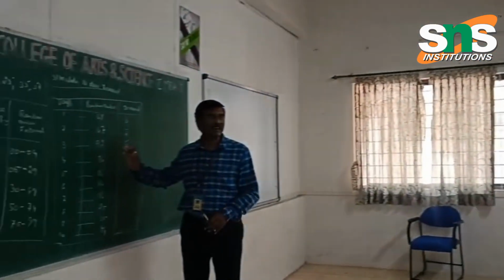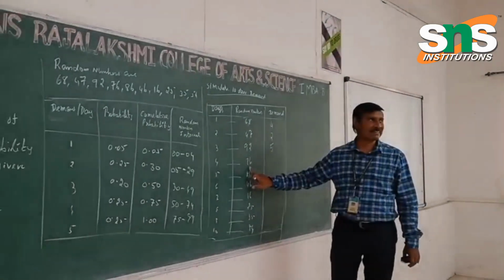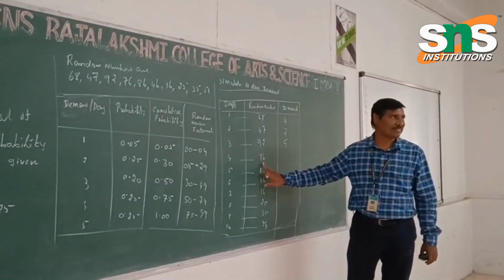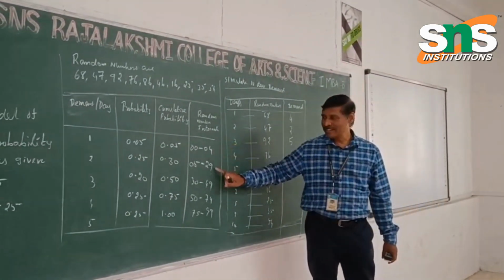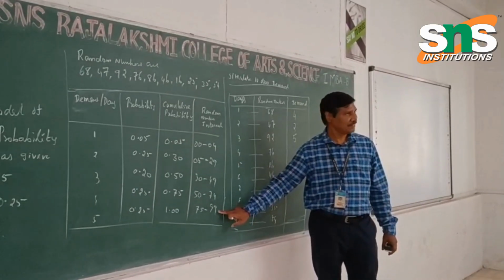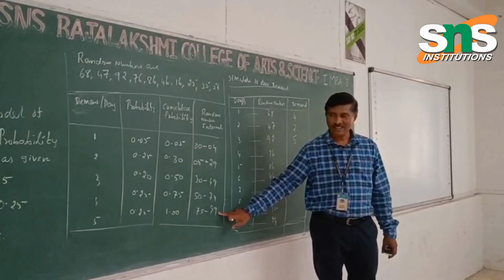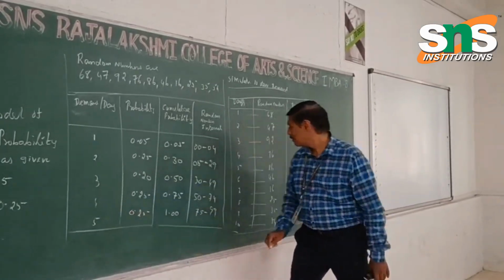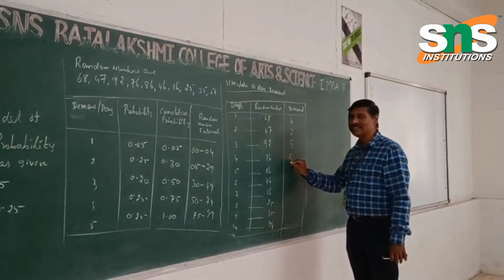The fourth day, random number 76. It lies in 75 to 99, so again the demand is 5.